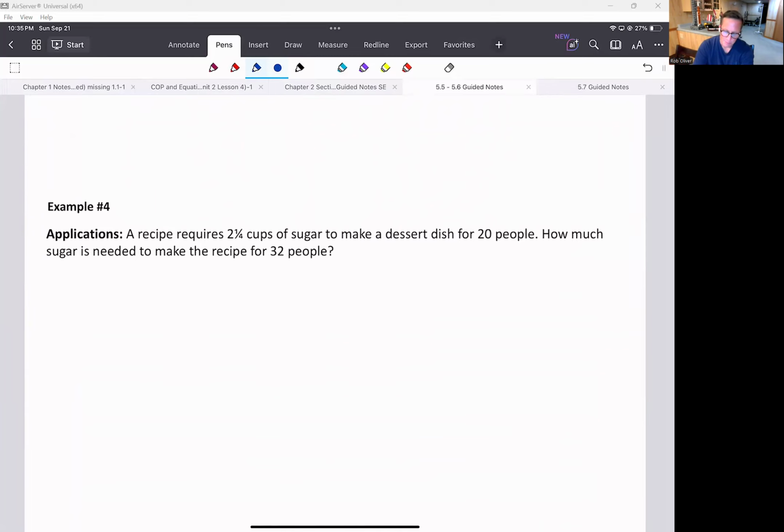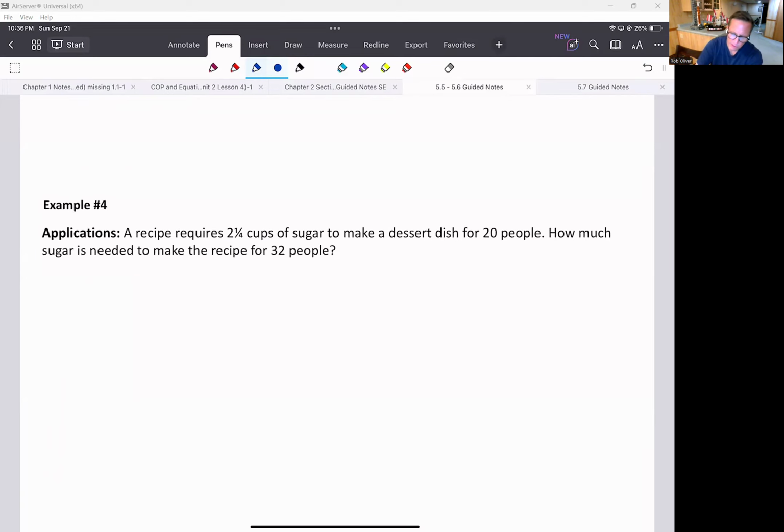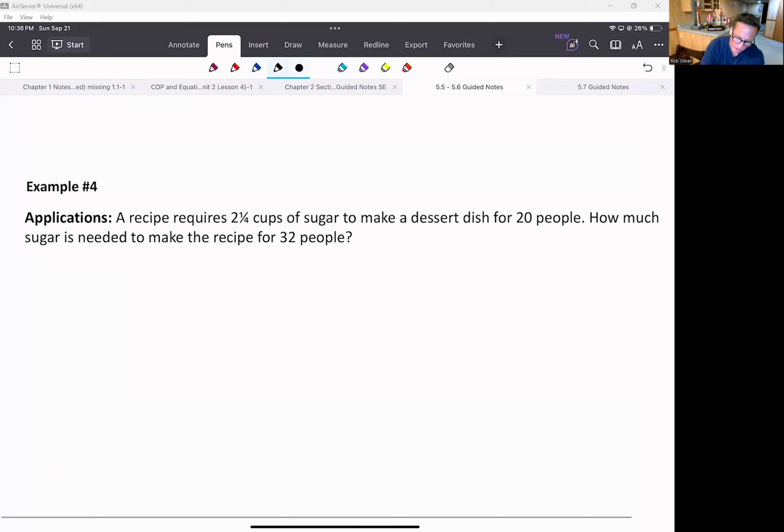All right, so a recipe requires 2 1/4 cups of sugar to make a dessert for 20 people. So let's set it up like this. 2 1/4 divided by 32.